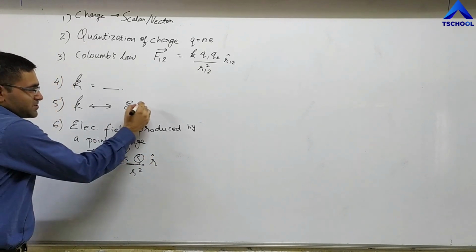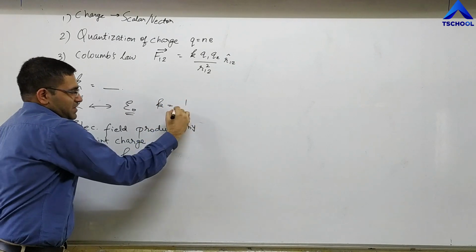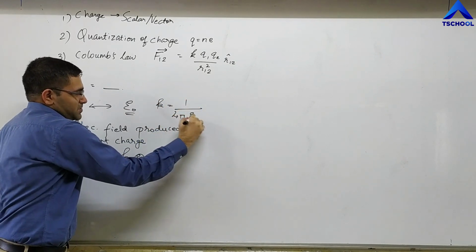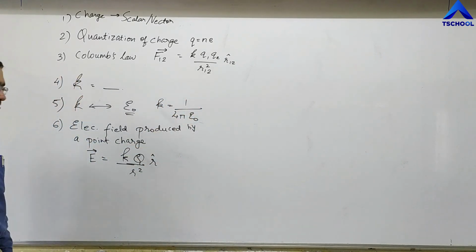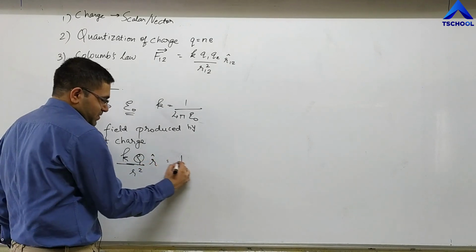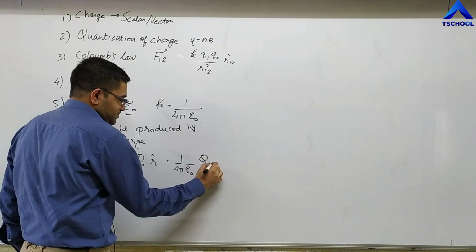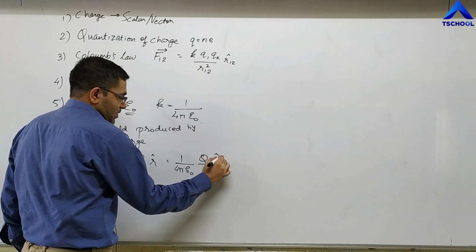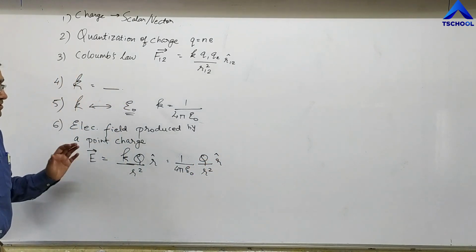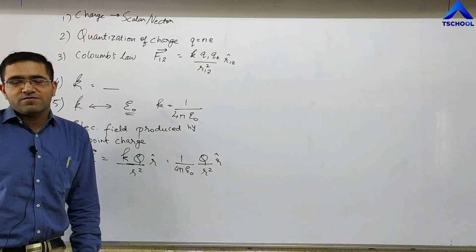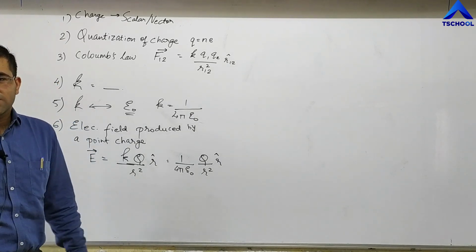Obviously, you should have answered this one very well. The relation between K and epsilon 0 is K is equal to 1 by 4 pi epsilon 0. So if I use that here, I can always write this down in this manner. Right? So that's what we have studied so far.